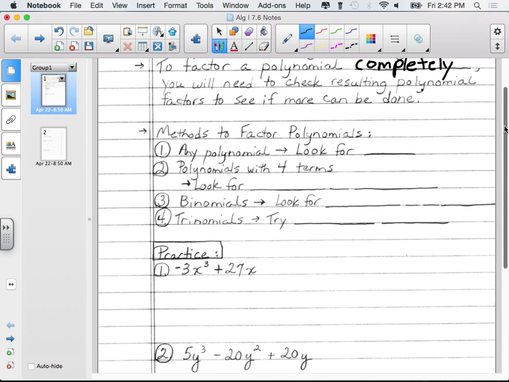Alright, so for any polynomial, any size polynomial, we can always look for a GCF. This is the most important one, so for all our problems, the first thing we're going to do is look to see if there is a GCF that we can factor out. We might not always have one, but that's always the first thing that we look for.